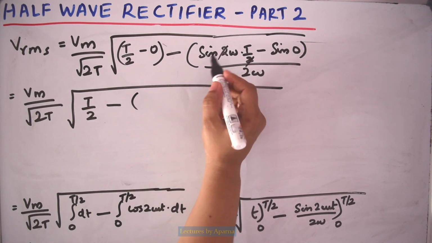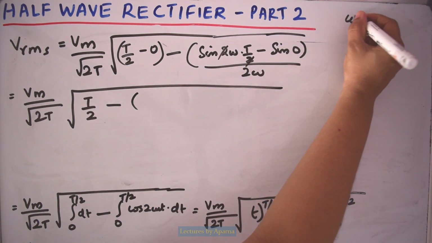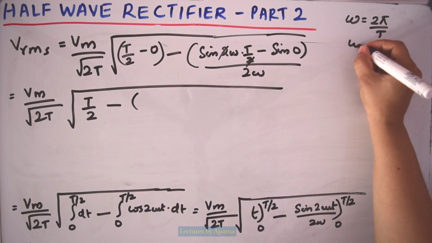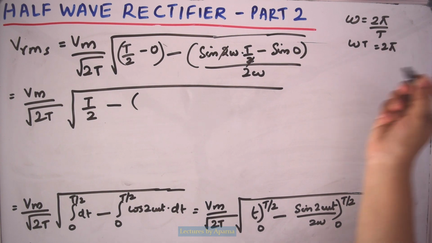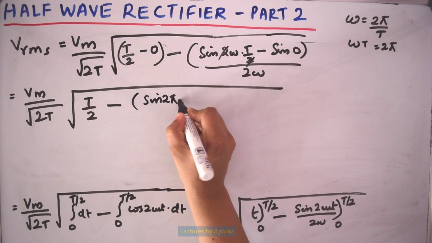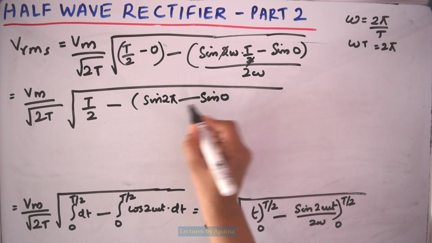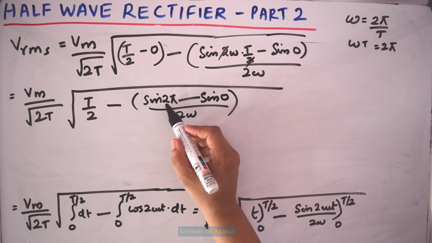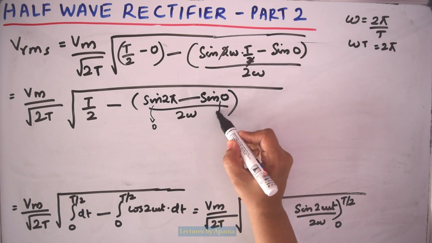this 2 and 2 will cancel, sin omega T. Omega is equal to 2 pi by T, therefore omega T is equal to 2 pi, therefore sin omega T can be written as sin 2 pi minus sin 0 divided by 2 omega. Sin 2 pi value is 0, sin 0 value is also 0.